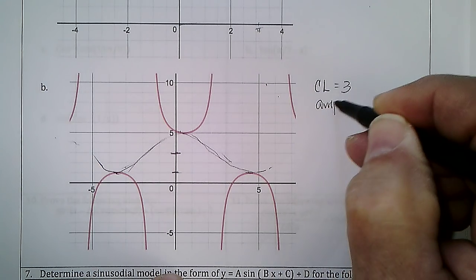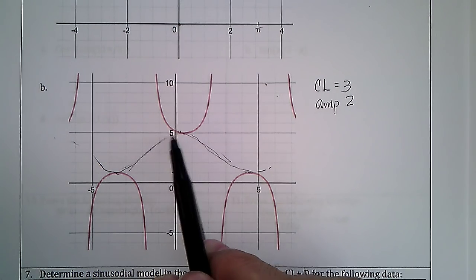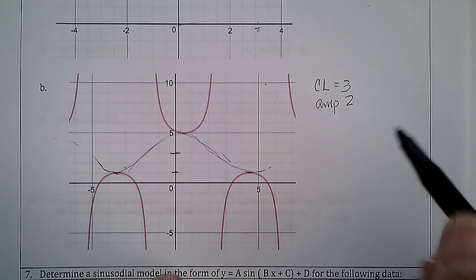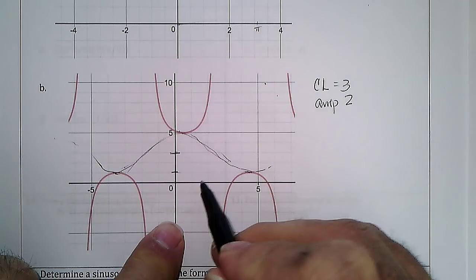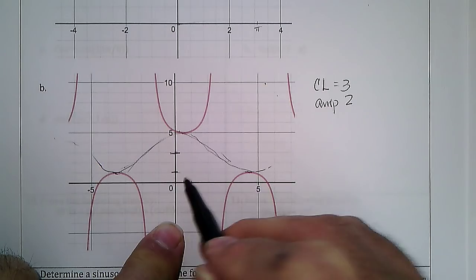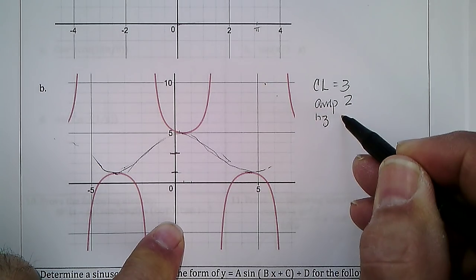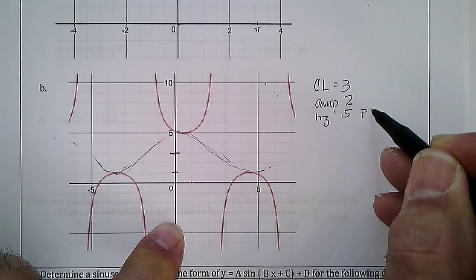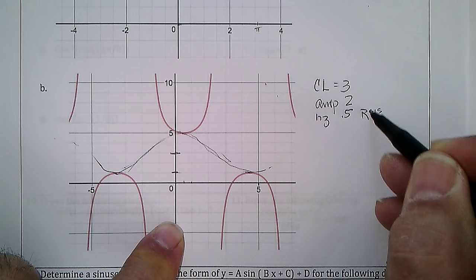Amplitude looks like it's 2, and if I just use this as a cosine, it's just off a little bit, so I'm going to say it's shifted. Let's see, if this is 5, this is 1, looks like about 0.5. Horizontal shift of 0.5 to the positive, to the right. Let's do that.